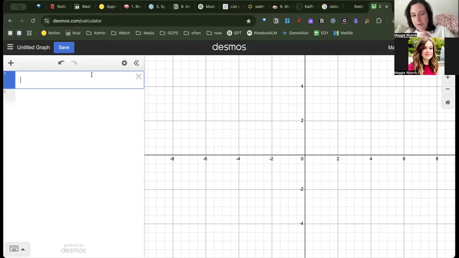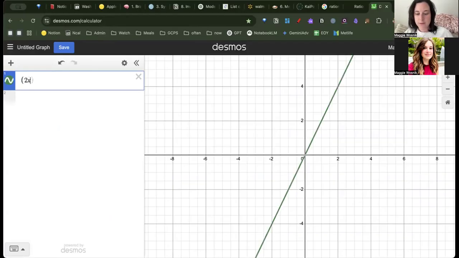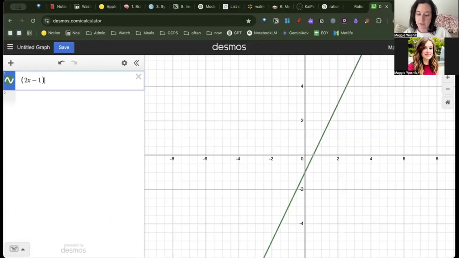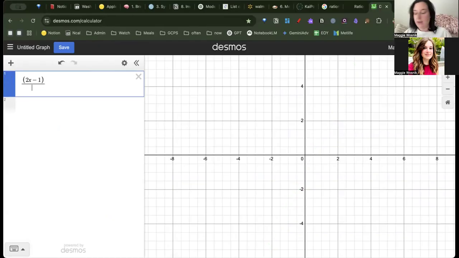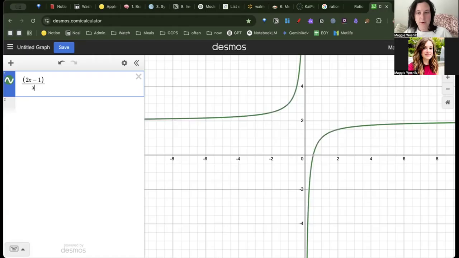You don't even have to type in y equals, that's already there. So it's parentheses, 2x minus 1, parentheses. That's our numerator. We had to put parentheses to make it all our numerator, divided by x. Okay, this is what our rational function looks like.